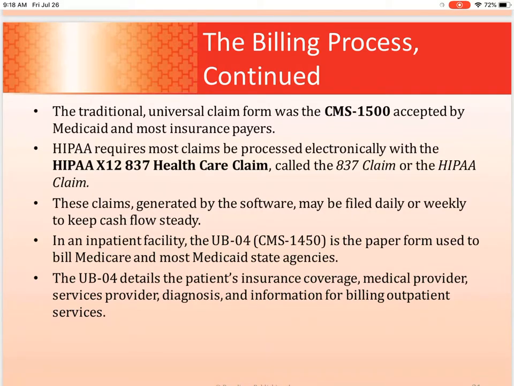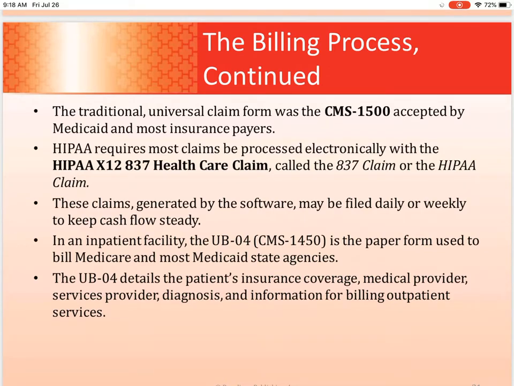Now, HIPAA regulations require that most claims now be processed electronically by using the HIPAA X12 837 healthcare claim, typically called the 837. You hear that a lot in your billing offices or business office meetings. If they talk about an 837, they're talking about the actual electronic claim, not the paper claim, the electronic claim.